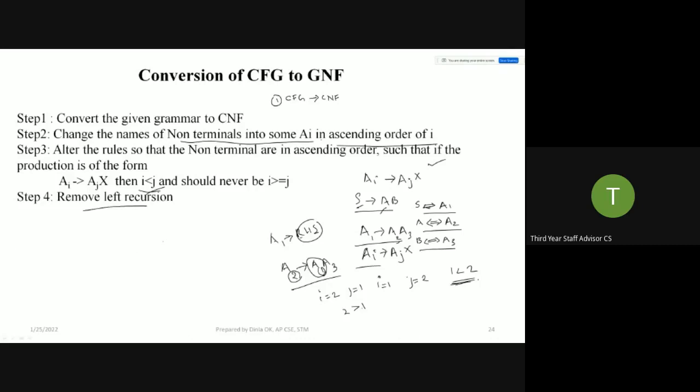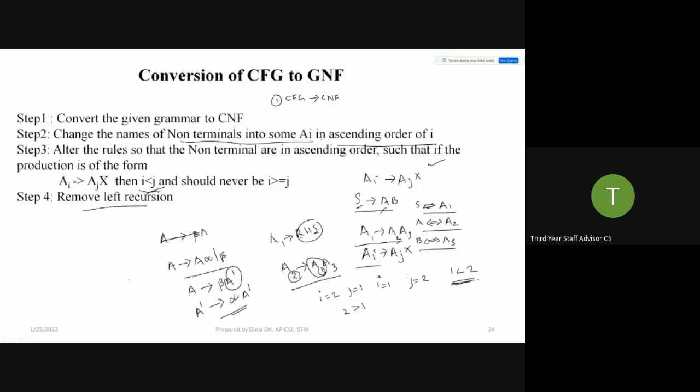We discussed in the last class that if we have a production of the form A implies A alpha or beta, we can introduce a new non-terminal: A implies beta A dash, and A dash implies alpha A dash. Z can represent anything, as we used in the lemma earlier. We explained this lemma in the last class.